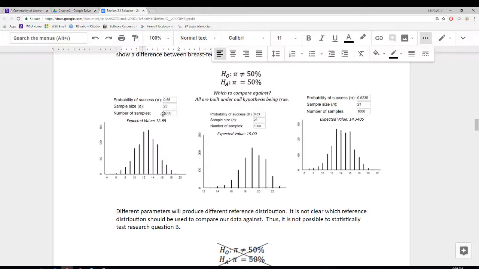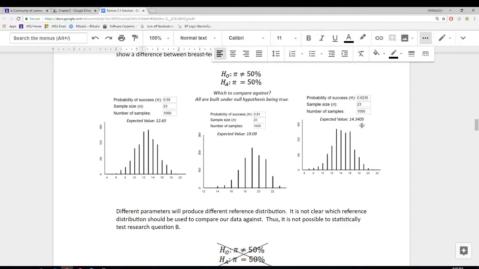This simulation model here is set up under the null hypothesis. But I can set up another one as well under the null hypothesis. Here I've specified the parameter value to be 0.83. Again, certainly different than 50%. And what happens is that the reference distribution gets shifted up. It's not at 12 anymore, but now it's shifted up to 19 because my parameter value here is much higher.